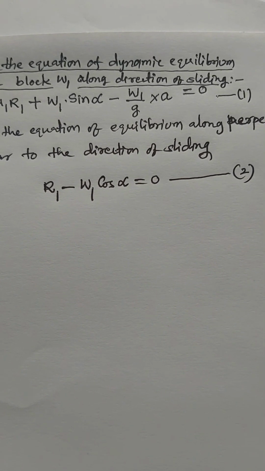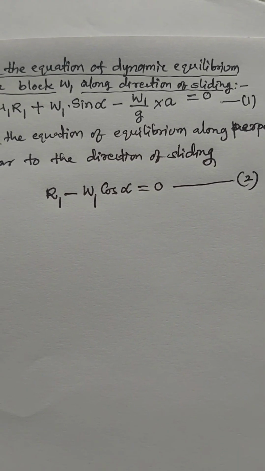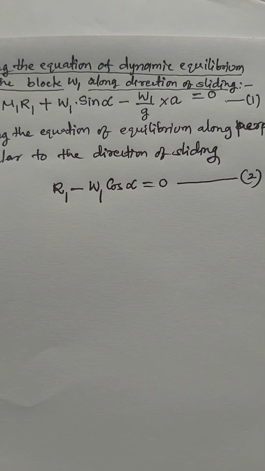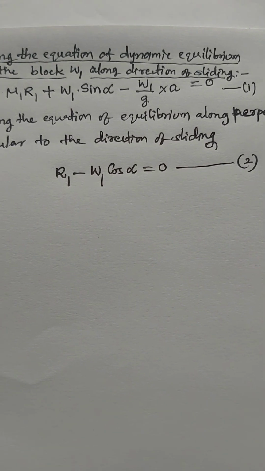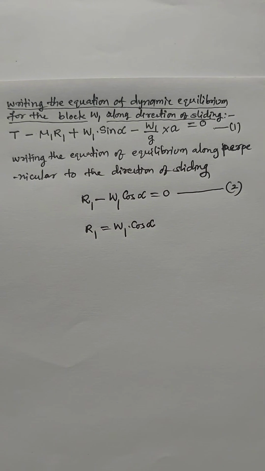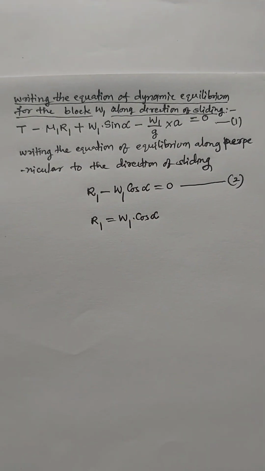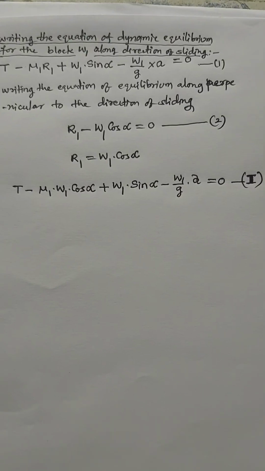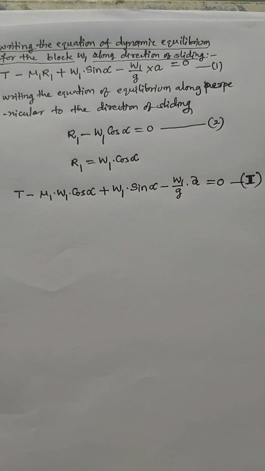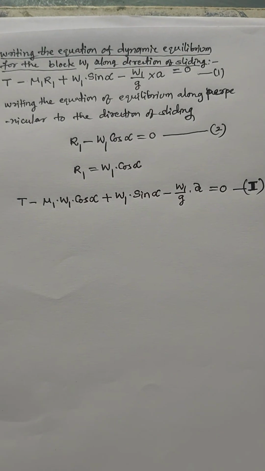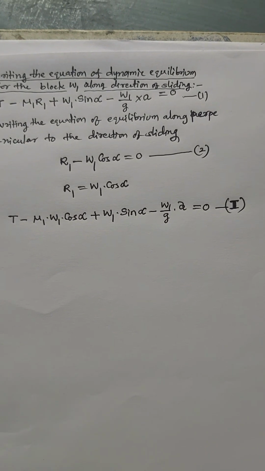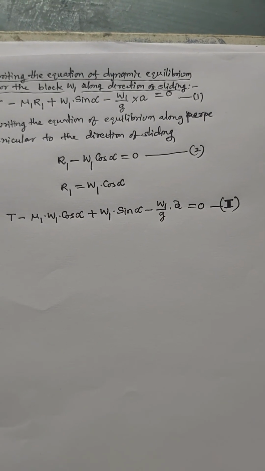From the second equation we can find the R1 value, the normal reaction force for block 1, as R1 equal to W1 into cos alpha. When you substitute this value in the first equation of equilibrium, we get a new equation. This is the final equation for block W1: T minus mu1 W1 cos alpha plus W1 into sin alpha minus W1 by G into A equals 0.